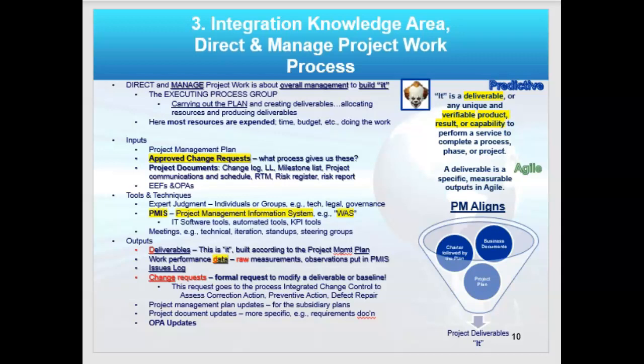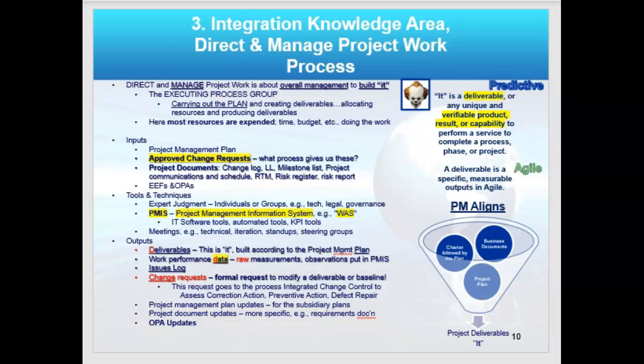The other tools are fairly common, but there's a new one, the PMIS, the Project Management Information System. So just think of it: this is whatever system I'm using to communicate with everybody. And that makes sense. If I'm directing and managing this work, if I'm executing the work, I've got to share updates and current configurations with everybody.